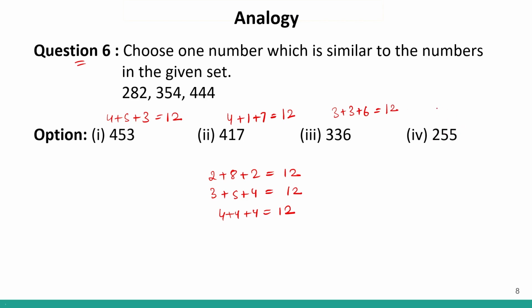And 2 plus 5 plus 2 is also 12. So all 4 options have a sum of 12. So the answer will be the fifth option, all of the above, because all of the numbers share the same relationship as these numbers. For the previous one, the answer was none of the above.